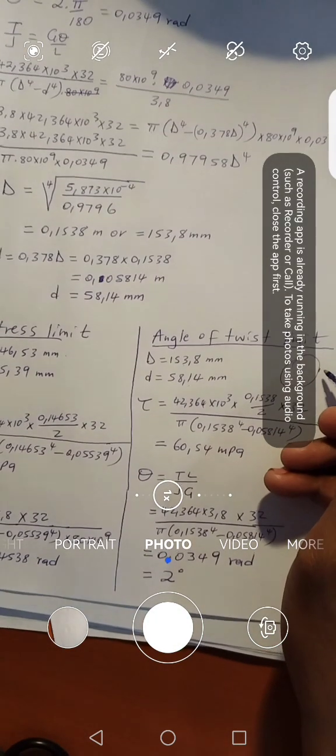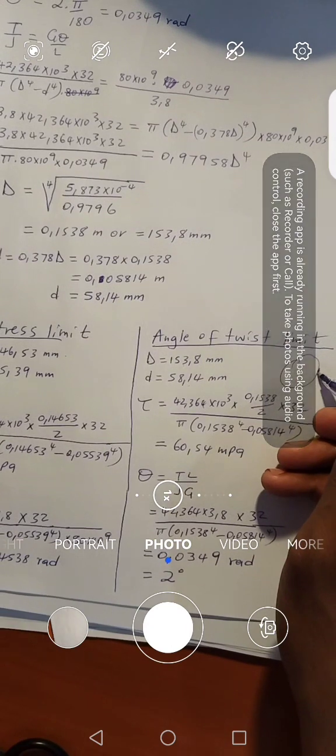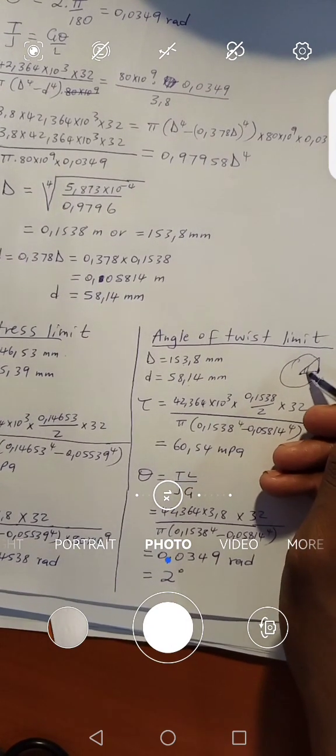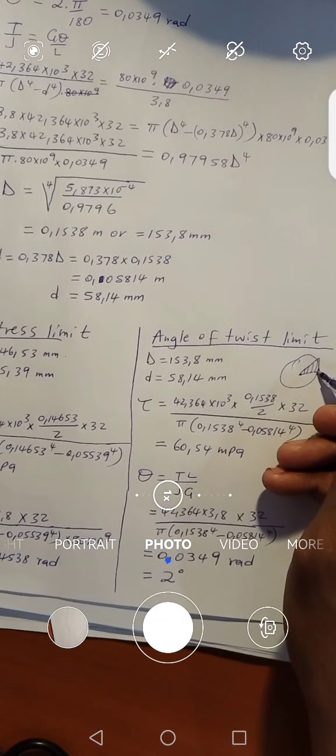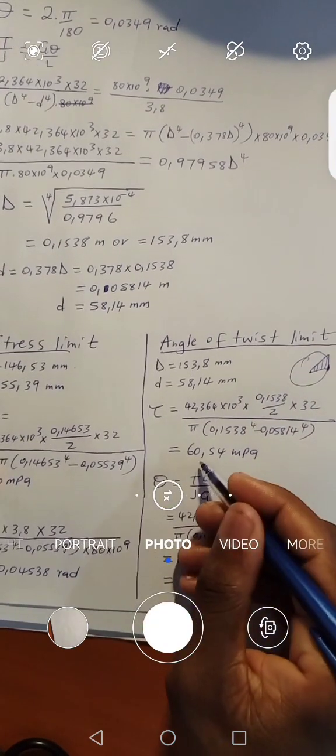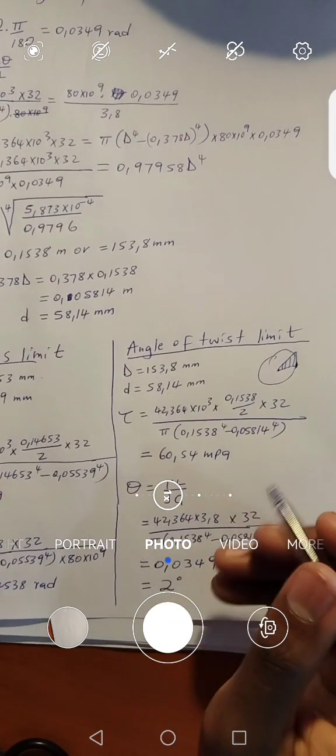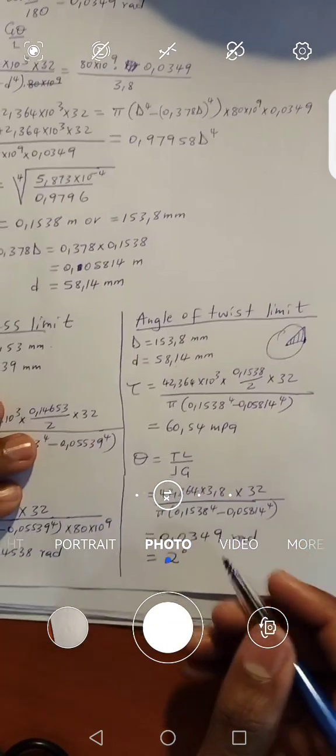So we'll be looking for stress here at the outer radius. Remember the stress varies from here to there. The stress here is less, here is big. So the stress that will be here will be 60.54. And then the angle of twist will be 2 degrees.